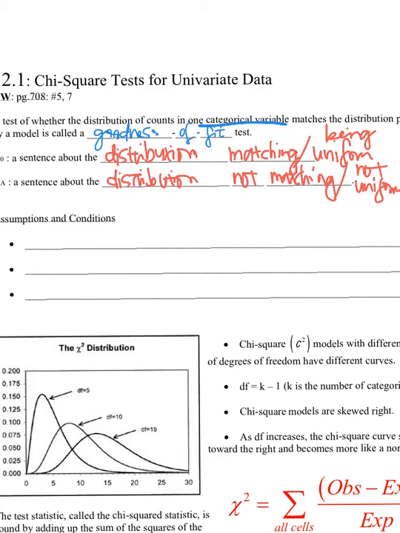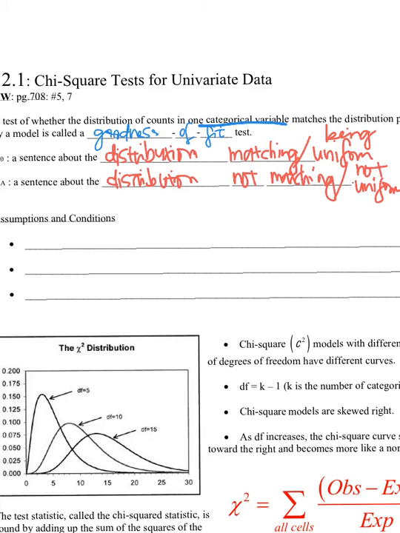All right, so let's say our null hypothesis is that all the colors of Skittles are uniformly distributed. That would be my null hypothesis, that we think it's going to be the same number across the board. So the alternative would be that we believe that the color distribution of Skittles is not uniform, that they're not the same across the board. All right, so that would be a uniform situation.